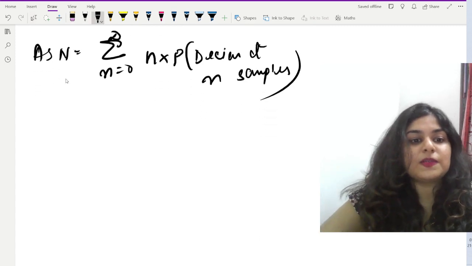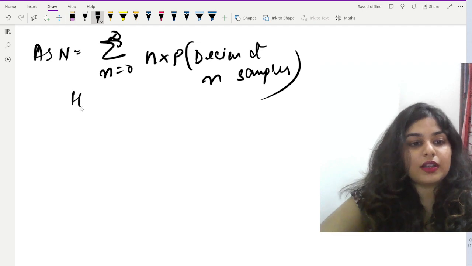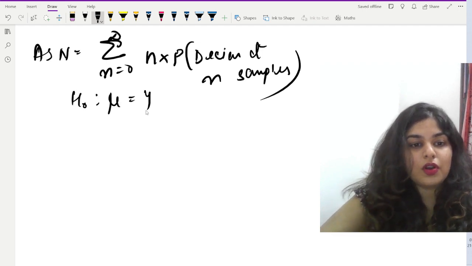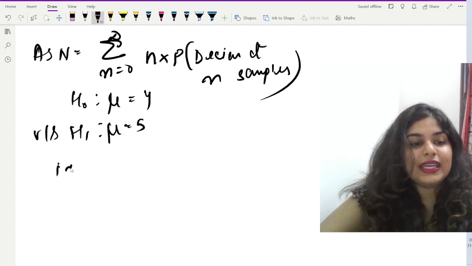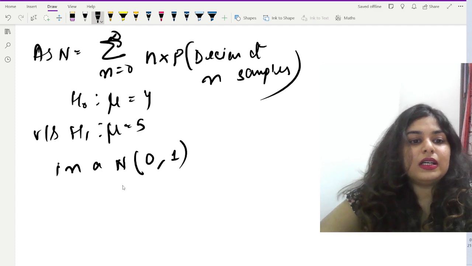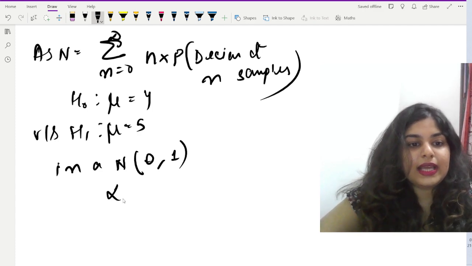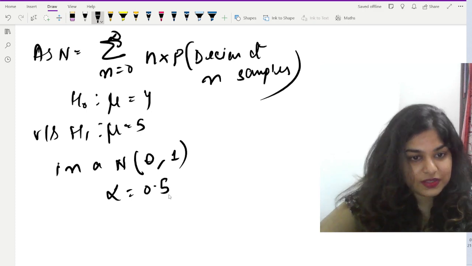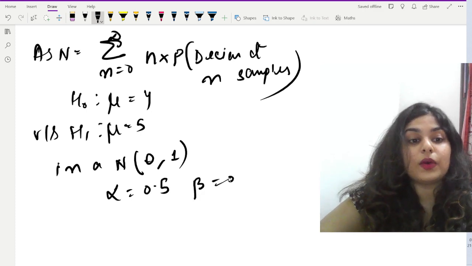Okay, now let us have a look at the given question. Let us determine SPRT for testing the null hypothesis, given in the question as 4, versus the alternative hypothesis, that is 5, in a normal distribution with theta and 1. Alpha is 0.05, which is the type 1 error or level of significance, and the type 2 error is 0.2.